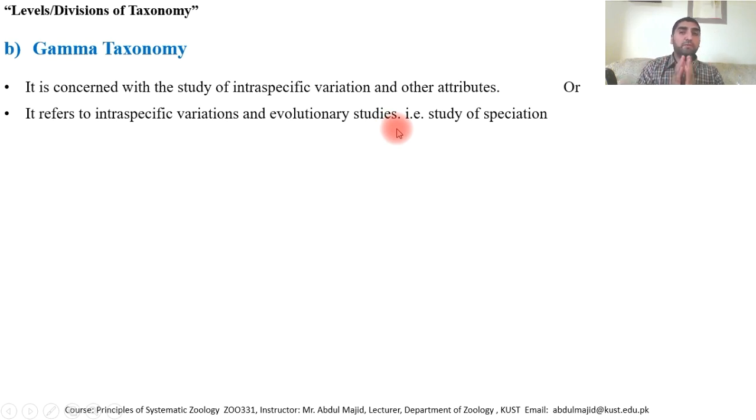For example, there is a species A, and that species is distributed throughout a very large geography, and some of the populations are isolated from each other. For example, species A has 5 populations, and these 5 populations are isolated geographically from each other. With the passage of time, mutations or variations will occur and accumulate in the different populations.